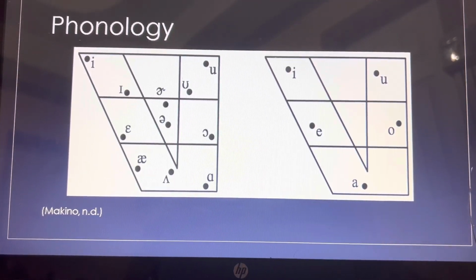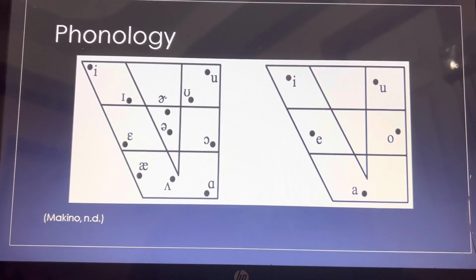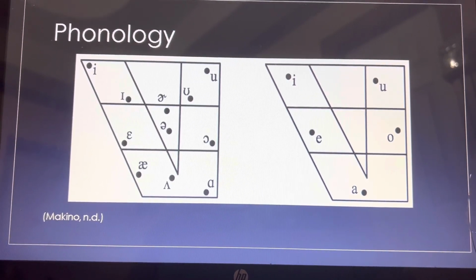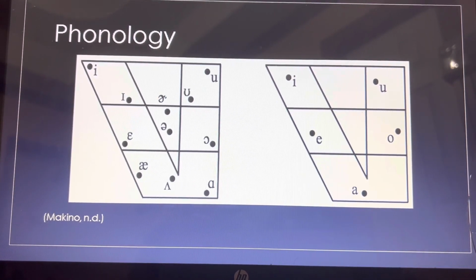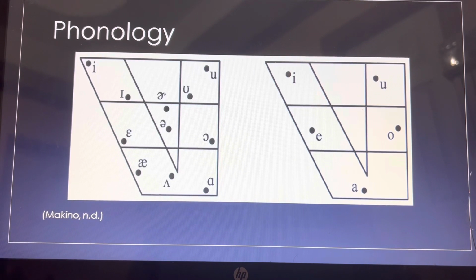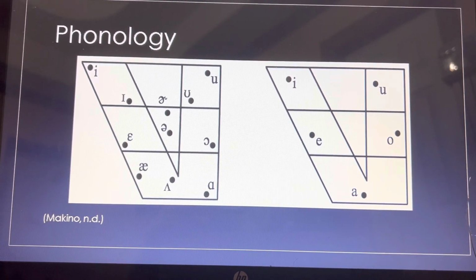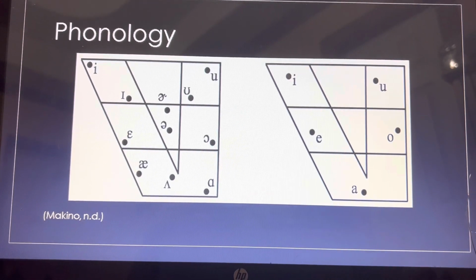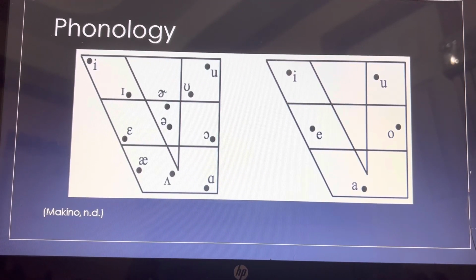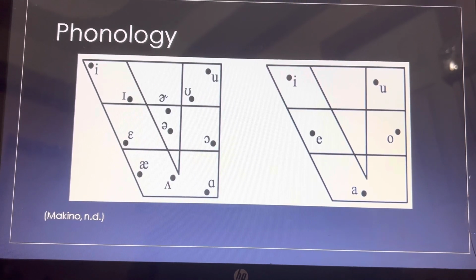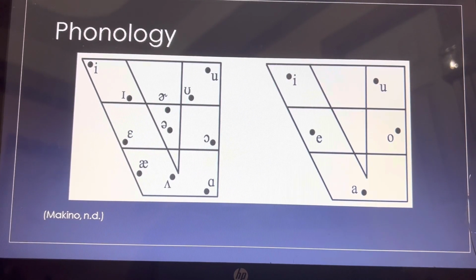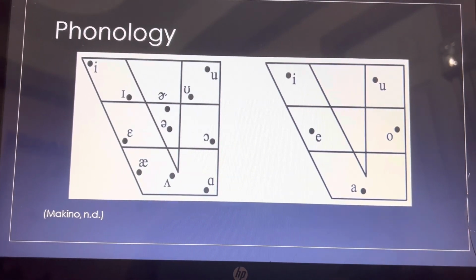And if you'll also note, some of the placements for the vowels are just slightly different. Like the I in the corner there, you can see that the English one is closer, a little higher compared to the one on the Japanese side, which is going more towards the middle section. That's just, of course, with the placement for the vowels, but I thought it was interesting.